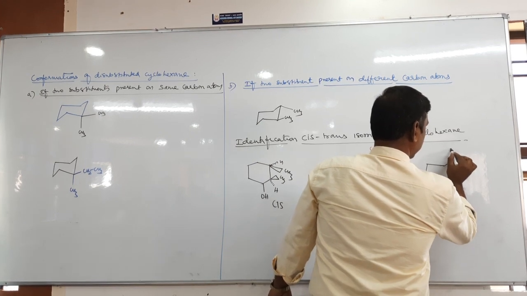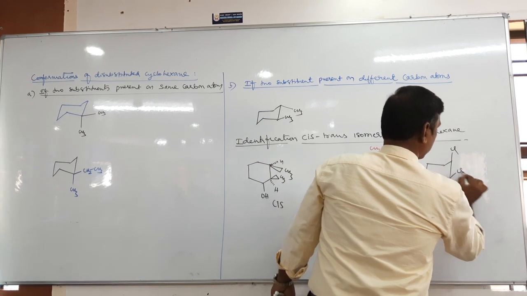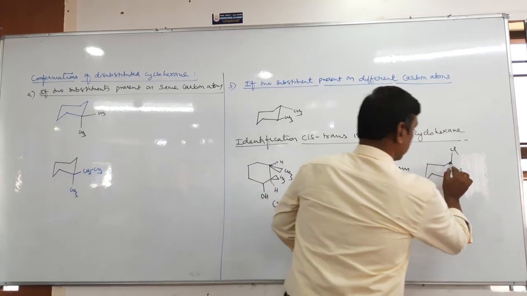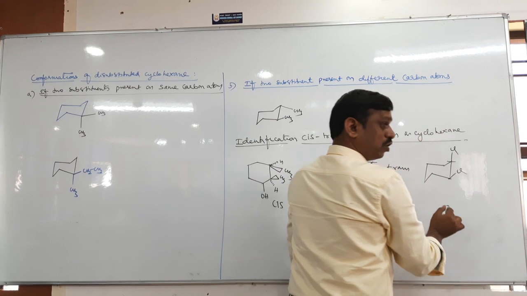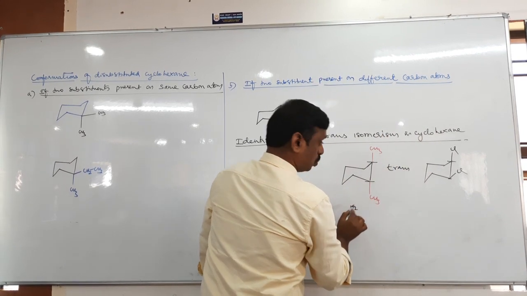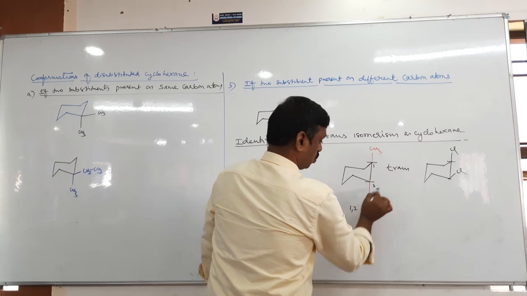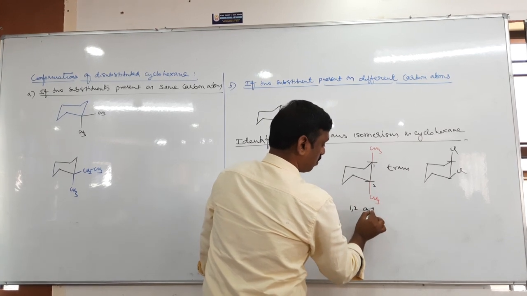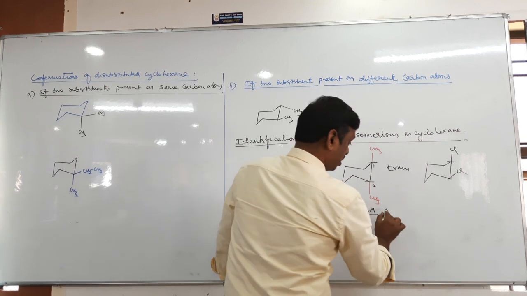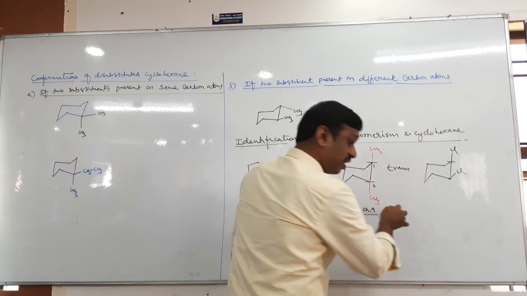Let us take chlorine and chlorine. It is cis. Why? It is above the plane, it is also above the plane. Now this is 1, 2, axial, axial. So can I say 1, 2, axial, axial, cis or trans? Trans.